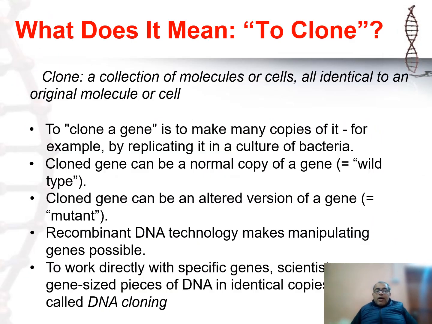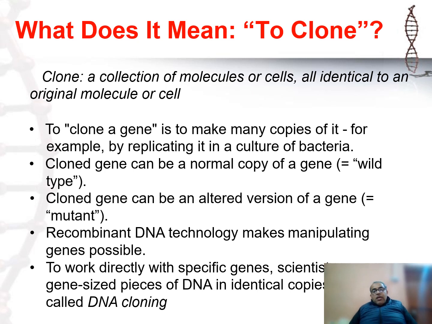Cloning means to produce identical copies, either of a particular gene or a DNA fragment, or to produce identical copies of a cell. So clone means an identical copy, and cloning means to produce identical copies of a particular gene or a particular cell.